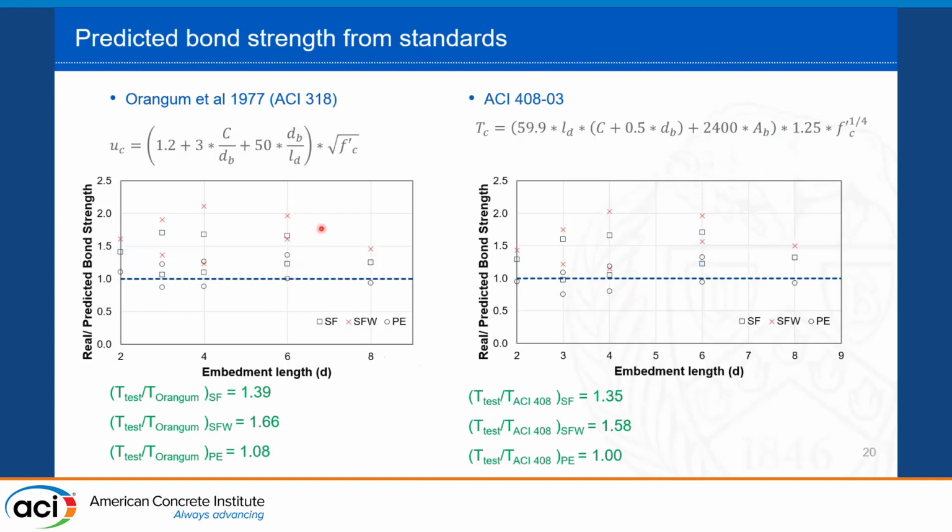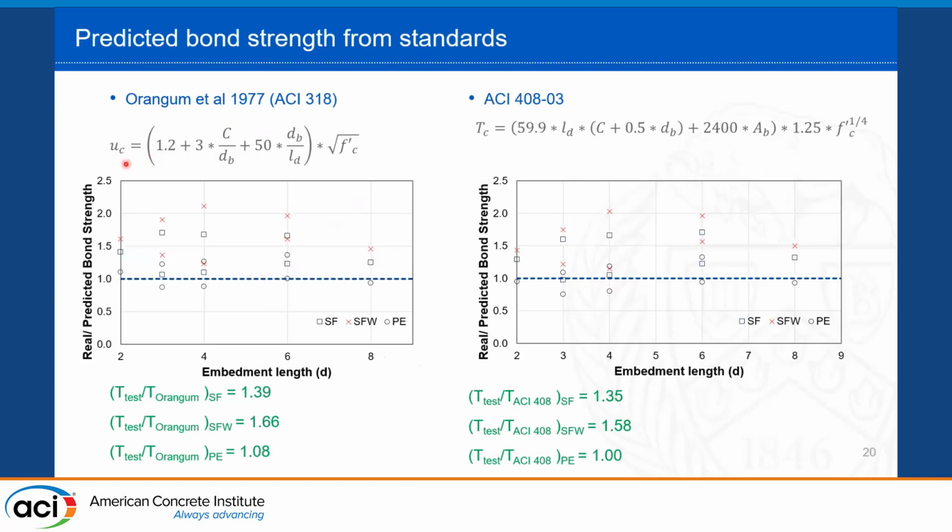To compare these results of UHPC with existing design standards, the ACI 318 uses the equation proposed by Orangun in 1977 to estimate the average bond strength, and then this equation is used to determine the development length.